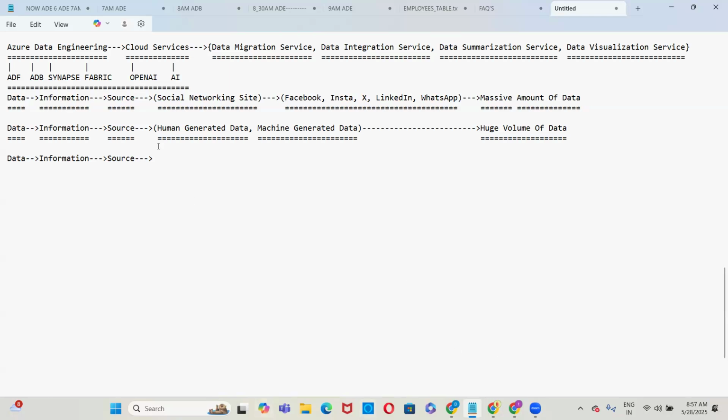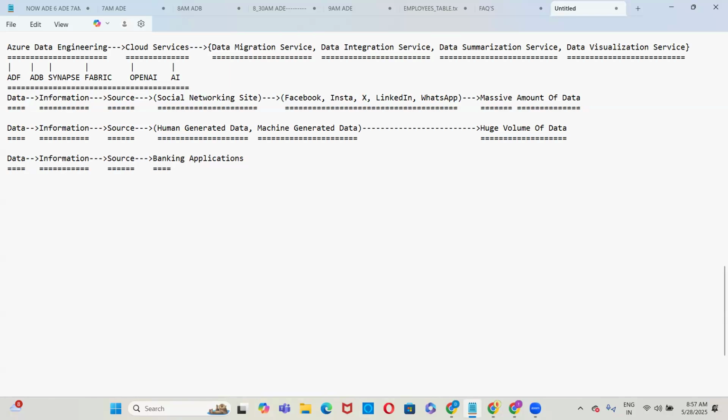What is the source of information we can have, guys? The source of information we can say is banking applications.